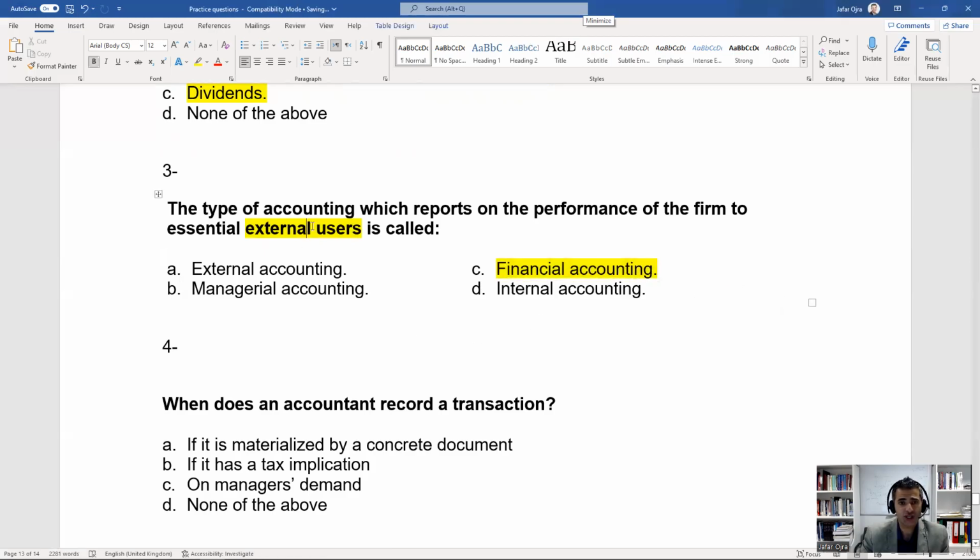If I changed this to internal instead of external, you would go with management accounting. So external users relate to financial accounting.